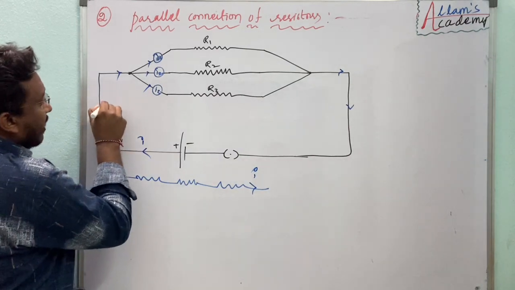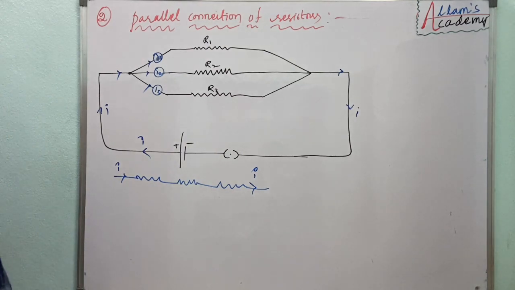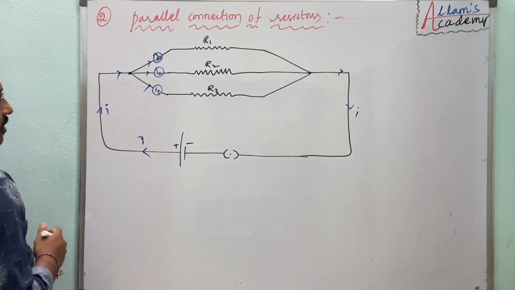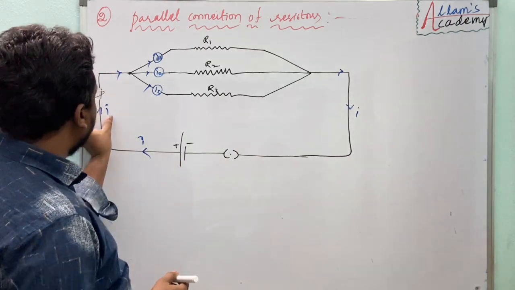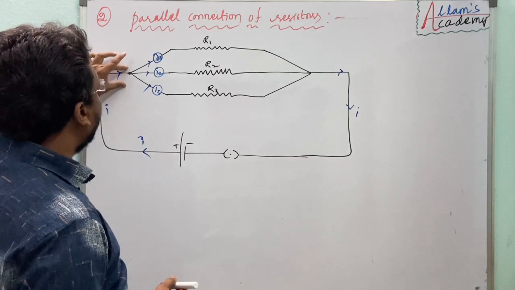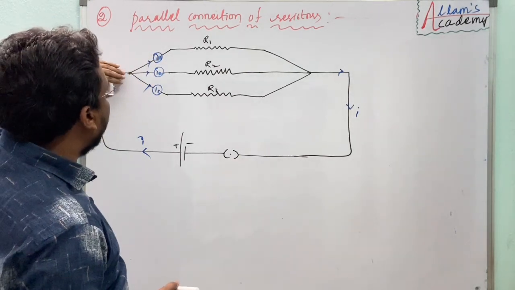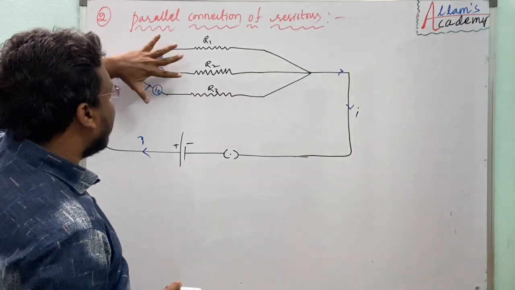How much current is traveling here? It comes here. This takes place in the parallel connection. Understood or not? Current travels in this way, and after that it splits. Okay, when current comes here, it can split.